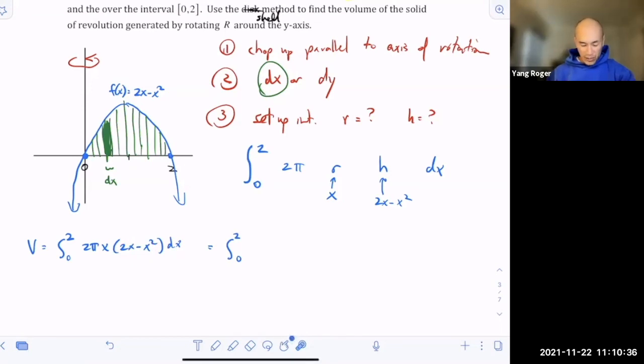This whole thing is being multiplied by 2 pi, so you could pull the 2 pi out like that. When we distribute the x, we get 2x squared minus x cubed dx.